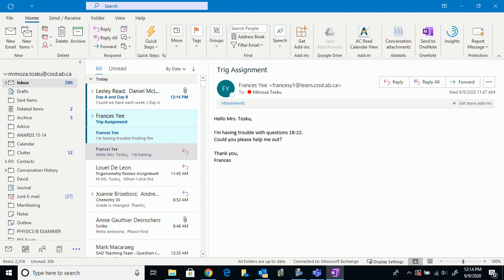The horizontal component is adjacent to this given angle, and the vertical component is opposite of this given angle. So when we are looking for the horizontal component, we have to use cosine, and when we are looking for the vertical component, we have to use sine.